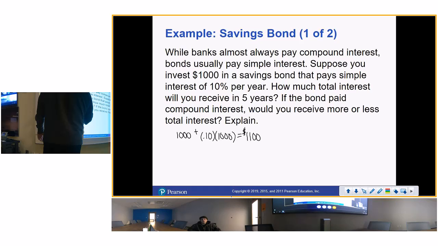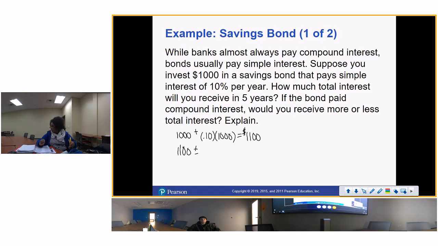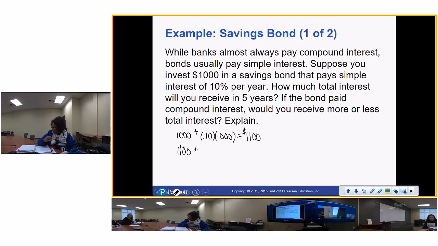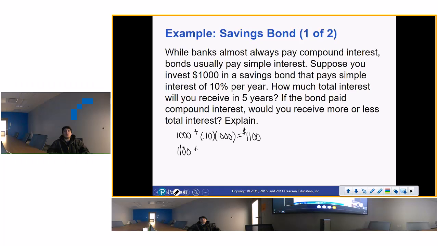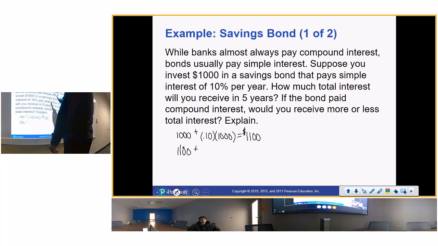So now what are we going to put here on the second year? 1,100 plus, and this is where you might need to use your calculator, because some of you may not be able to do $110 in your head. We're doing simple interest right here.